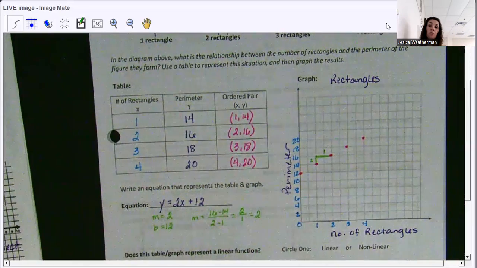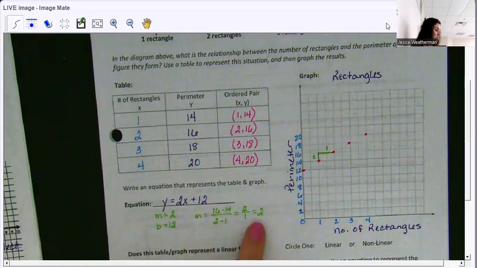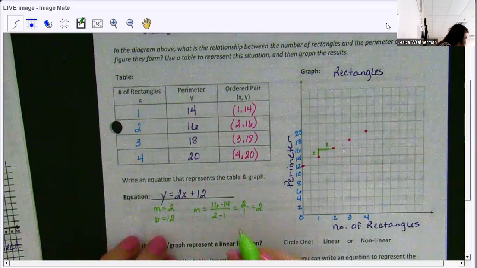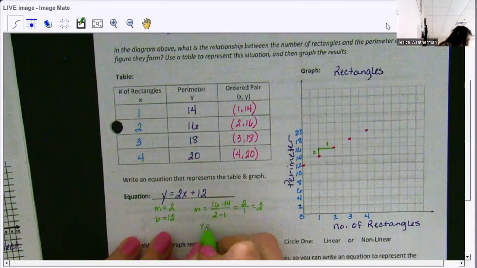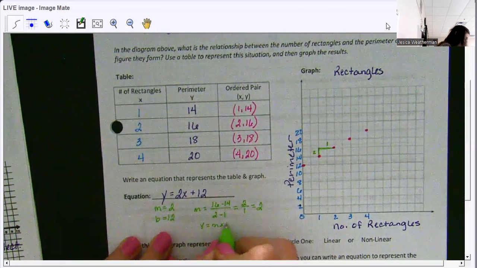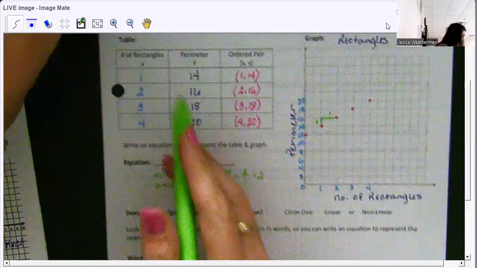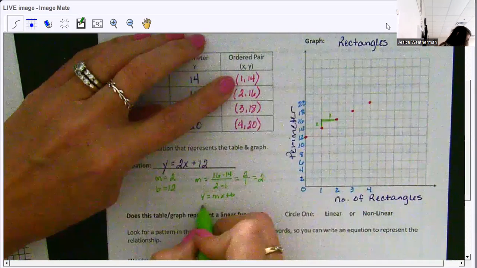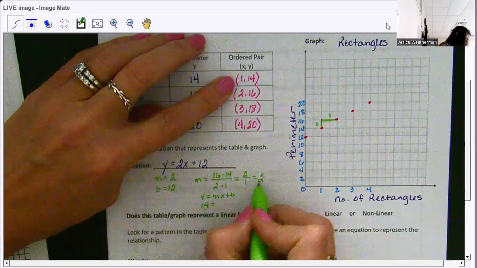So we could get our slope that way, and then we can use our slope-intercept equation, using the slope and a point to figure out our y-intercept. So what that looks like is you have y equals mx plus b. I'm going to choose my first ordered pair, (1, 14). I'm going to plug the y in. My slope is 2.